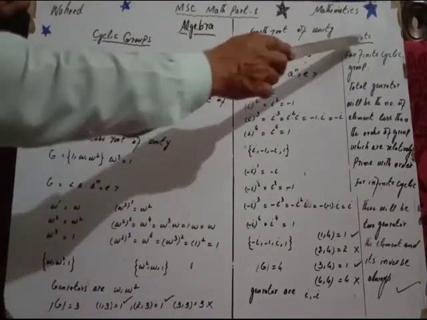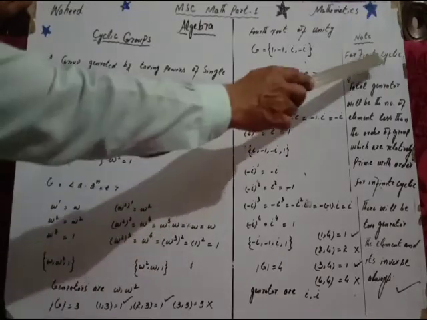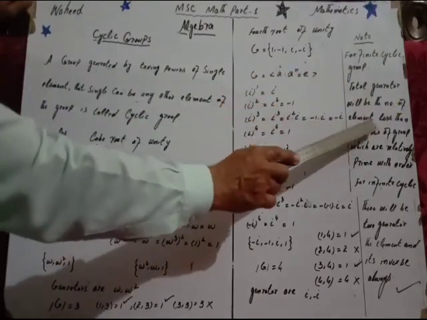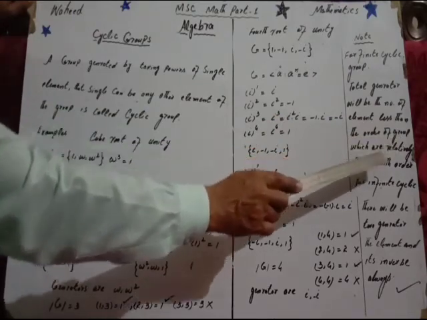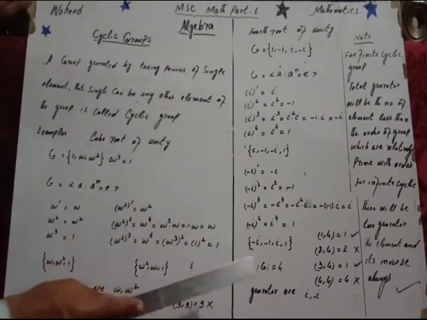Here is the important note for a finite cyclic group. How many generators? For a finite cyclic group, the total number of generators will be the number of elements less than the order of the group which are relatively prime with the order. For example, the order of the group was 4.